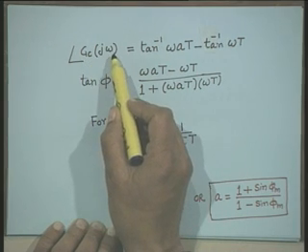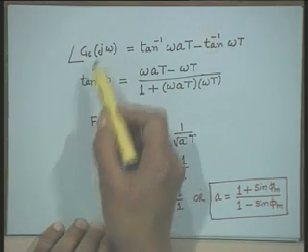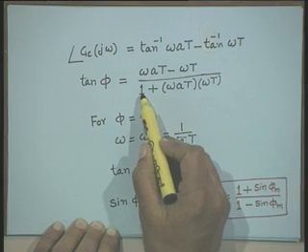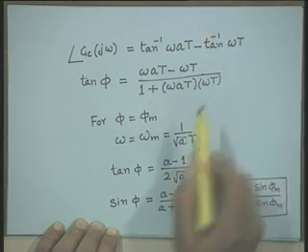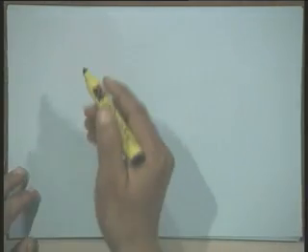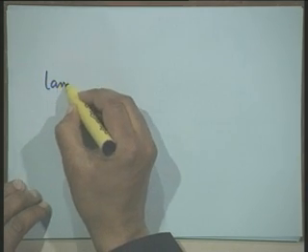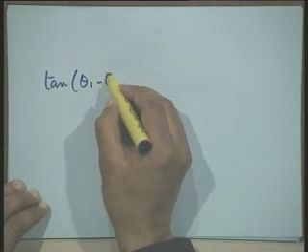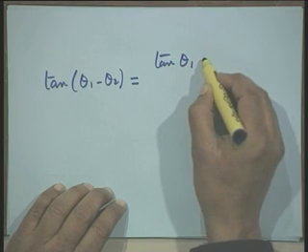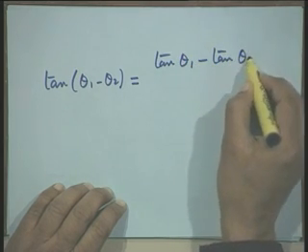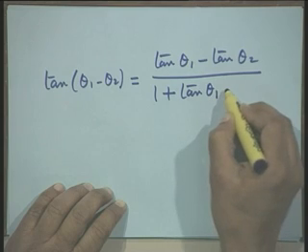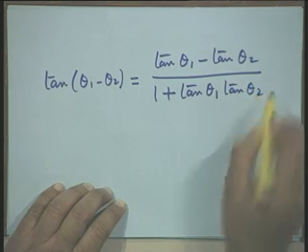If the phase angle of this function is, let us say, phi, then tan phi is equal to omega a T minus omega T divided by 1 plus omega a T into omega T. We know that tan of theta 1 minus theta 2 is equal to tan theta 1 minus tan theta 2 divided by 1 plus tan theta 1 tan theta 2.